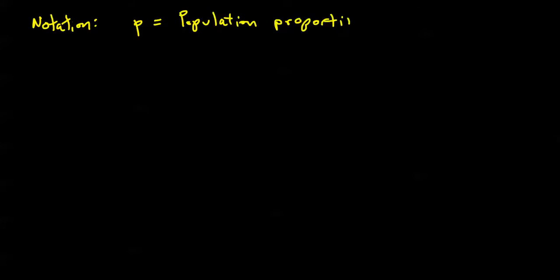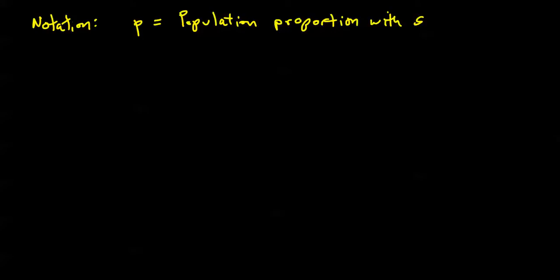We've got to get some notation down. Little p, lowercase p, will indicate a population proportion with some desired characteristic of interest.